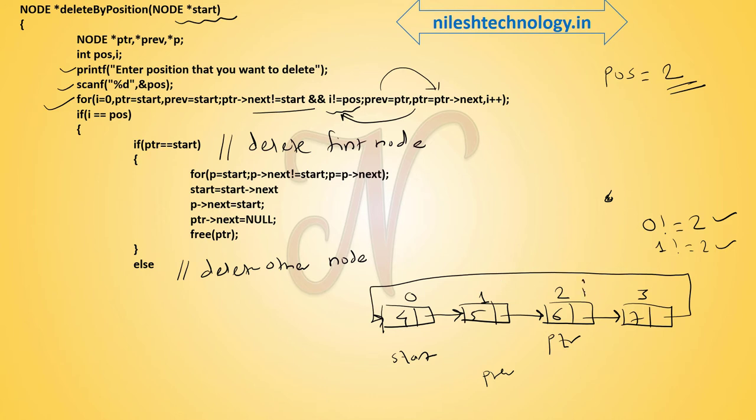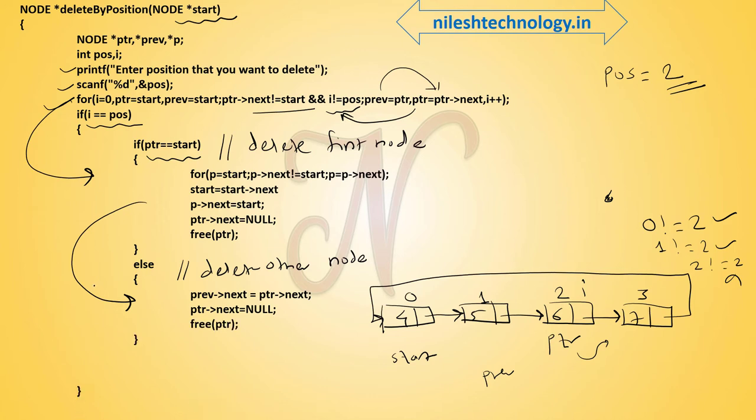Then again the condition: ptr of next is not equal to start, true, and i is not equal to position. Here i is 2 and the position is 2, so we break this loop and go to if. In if, i is equal to position, true. Then there is one more if, ptr is equal to start, no. Now ptr and start are pointing to different nodes, so going to else. This is the else code.